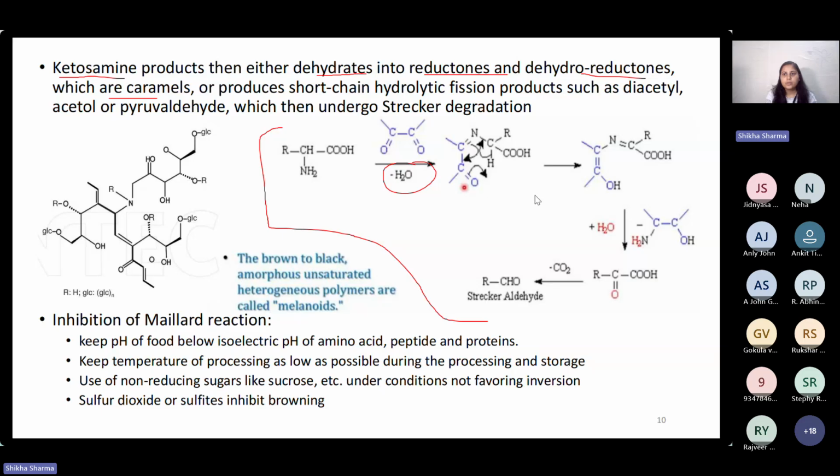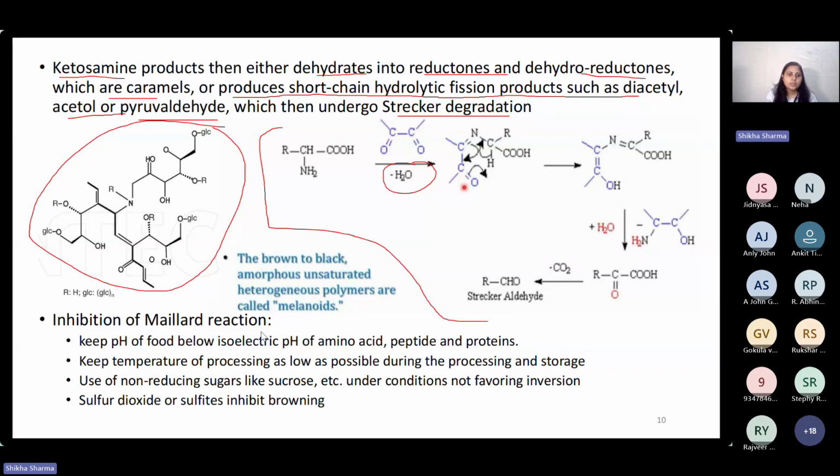So it may undergo dehydration and form caramel, or it can produce short chain hydrolytic fission products such as diacetyl, acetol, and pyruvaldehyde, which then undergo the Strecker degradation. Finally, the compounds which we get from this reaction are melanoidins. Melanoidins have this red brown color. It will give this color through the Maillard reaction.